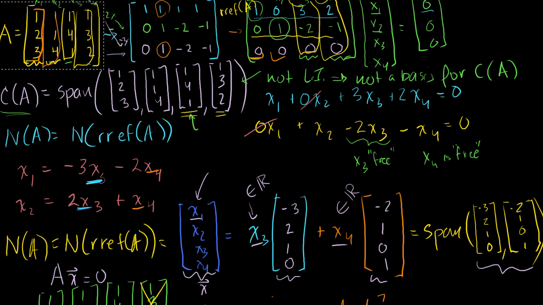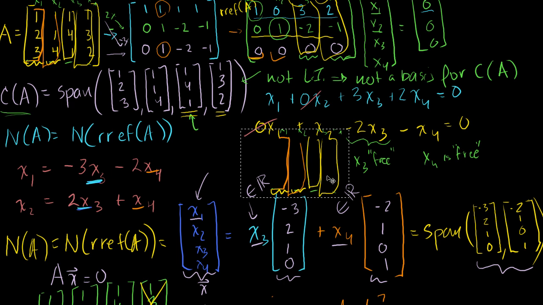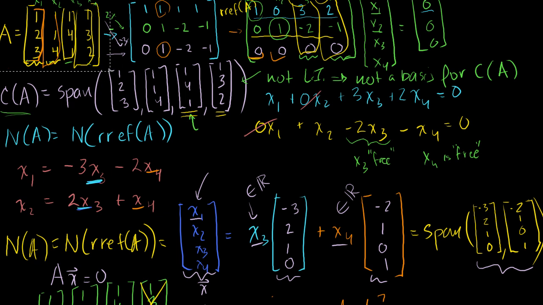So that's my original A right there. Let me copy it and paste it. Nope, that's not what I wanted to do. I copied and pasted the wrong thing. Let me do it a little, don't want to waste your time.